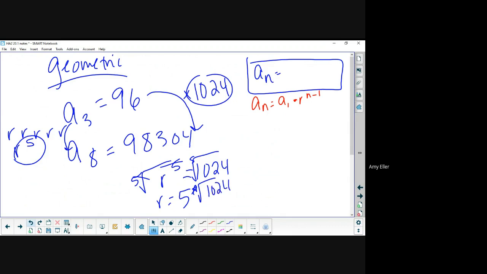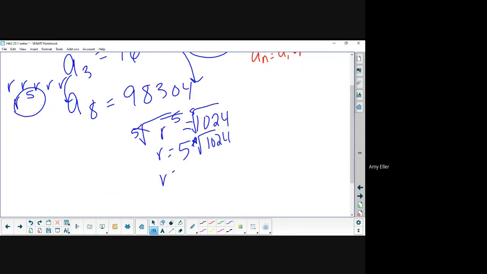And then you can type in: the fifth root of 1024 is 4. I'll walk around. Let me know if you need help. If you don't have a graphing calculator, there's probably still going to be an x root button. Anybody need help? I cannot answer calculator questions on assessments.